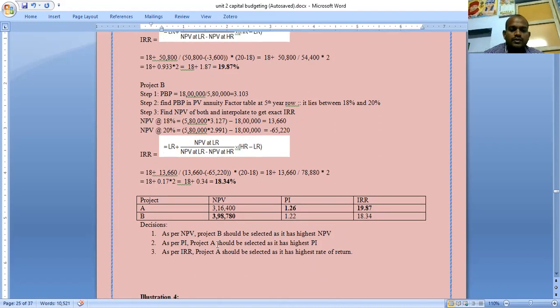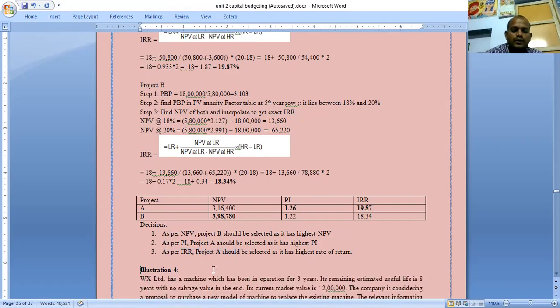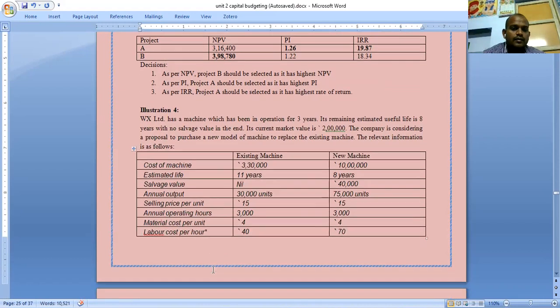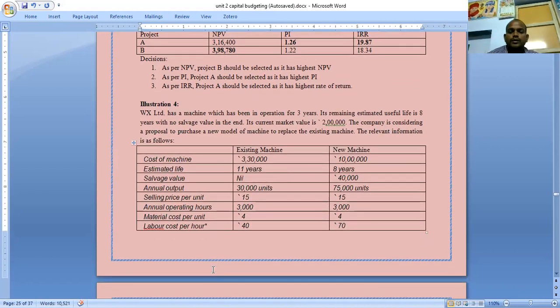As per the PI, project A should be selected. As per the IRR, project A should be selected. This is how we have to calculate the net present value, profitability index, and IRR.